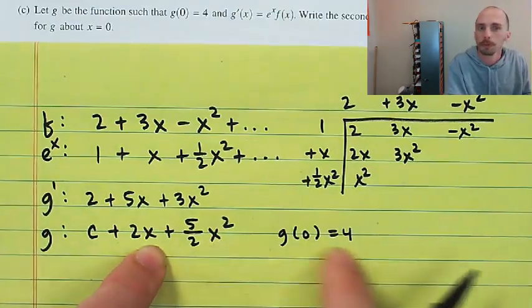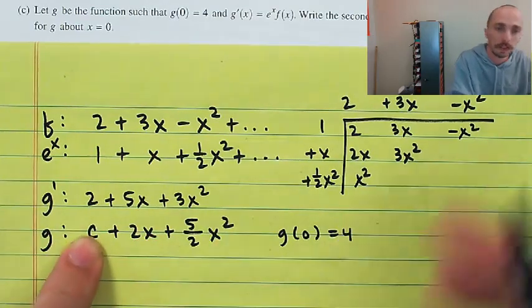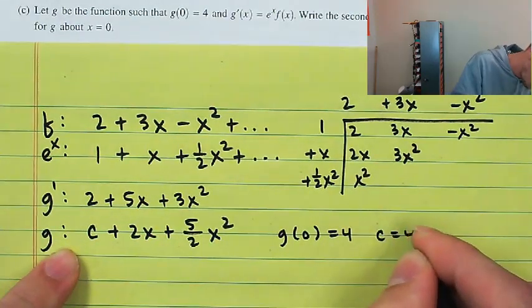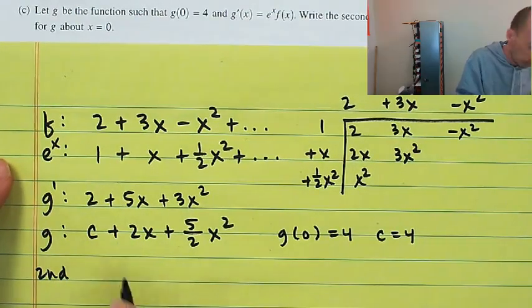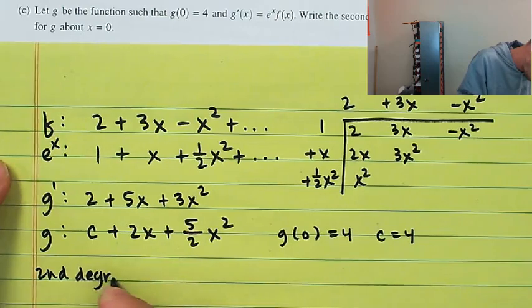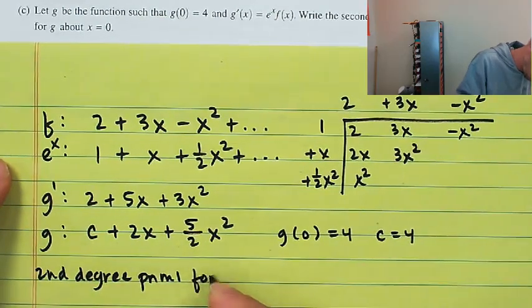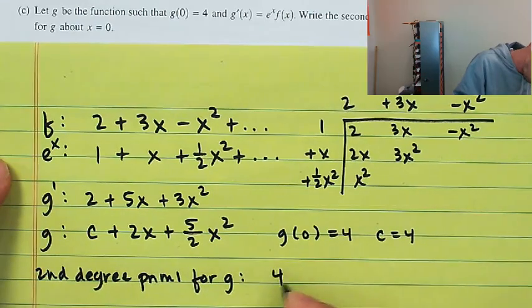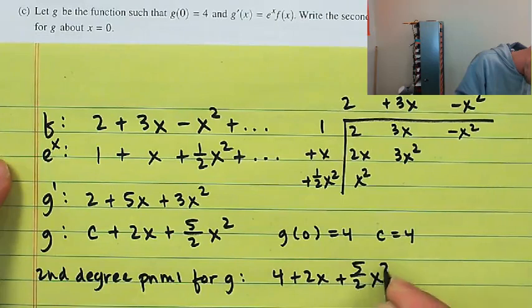So we know that there will be more terms for the polynomial for g, but they'll all have just x in them. So when I plug in 0, all I'm going to get is c. So that means to me that c equals 4. So I'm going to say the second degree, still visible to you, yes. Second degree polynomial for g is going to be 4 plus 2x plus 5/2 x squared.